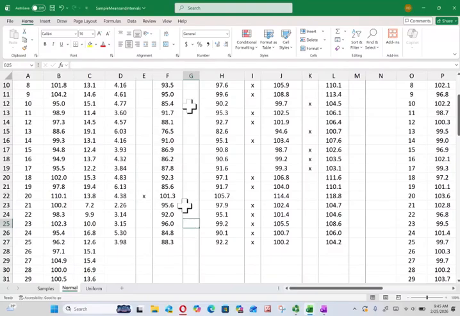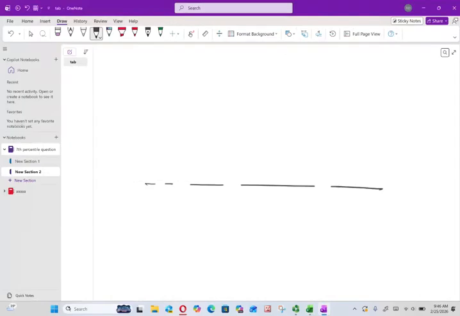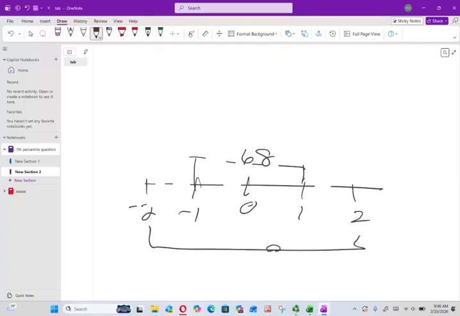How many should I have in here? Didn't get any. How many should we have gotten? It's always the same picture. Here's the middle, 0, 1 up, 2 up, 1 down, 2 down, 68, 95, this is 2.5, and 2.5 here.